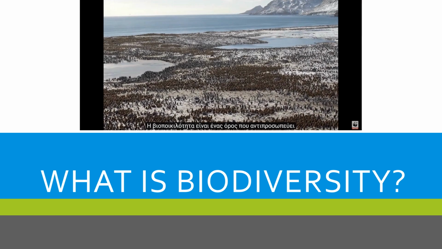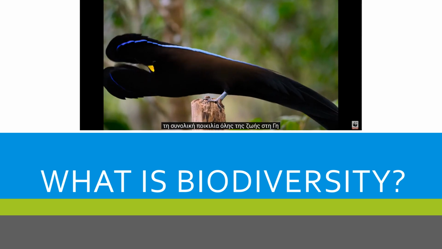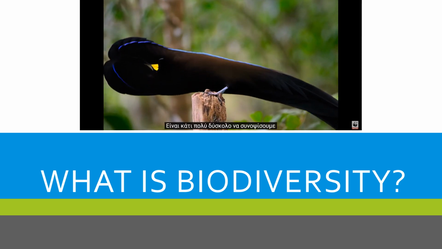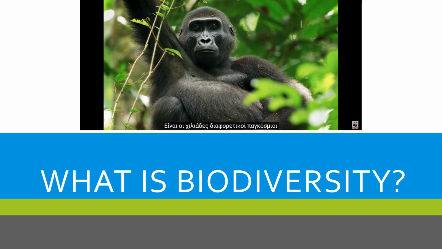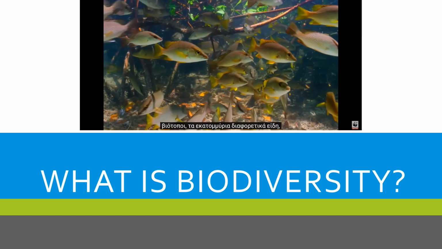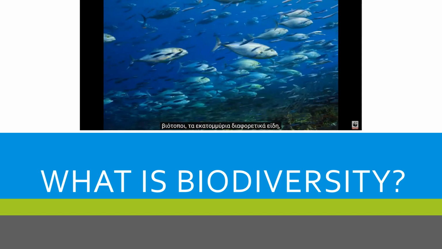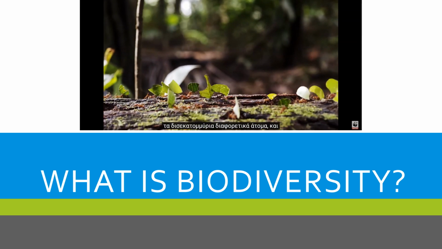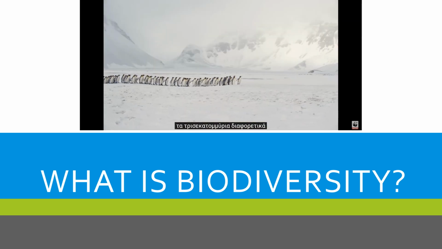Biodiversity is a term that represents the total variety of all life on Earth. That's a big thing to sum up. Thousands of different wild habitats, millions of different species, billions of different individuals, and the trillions of different characteristics they all have.